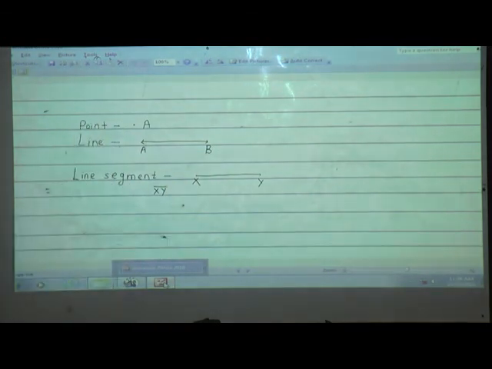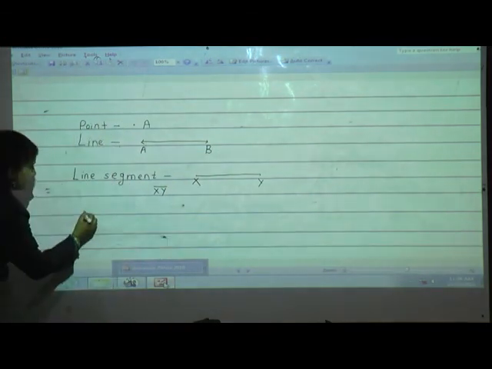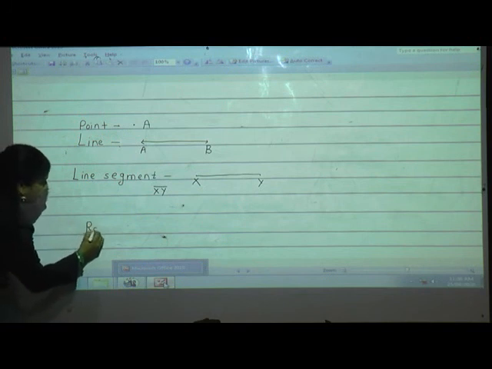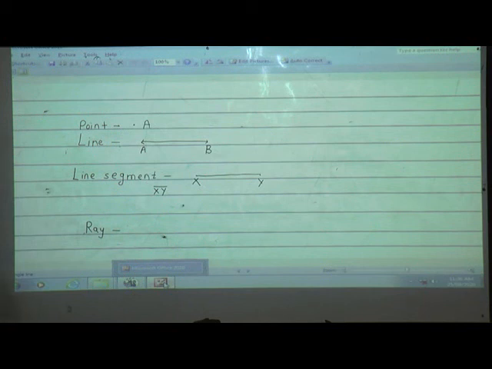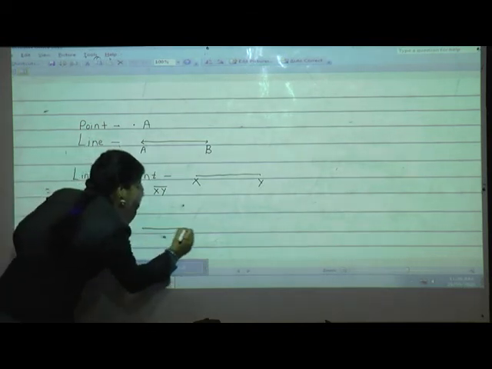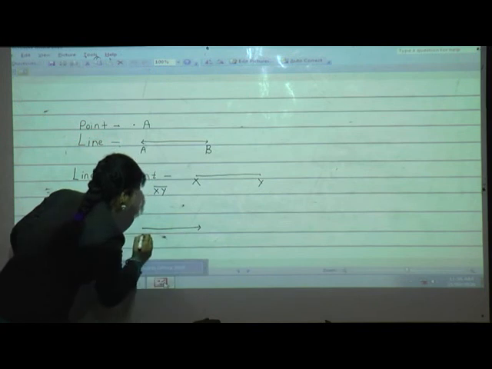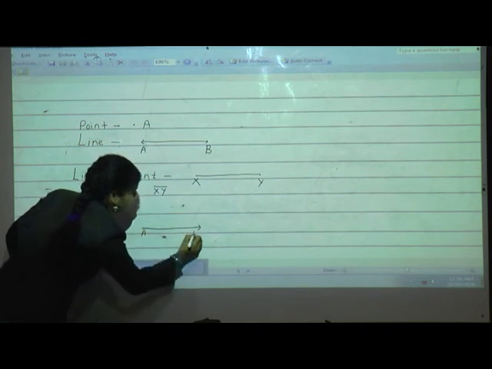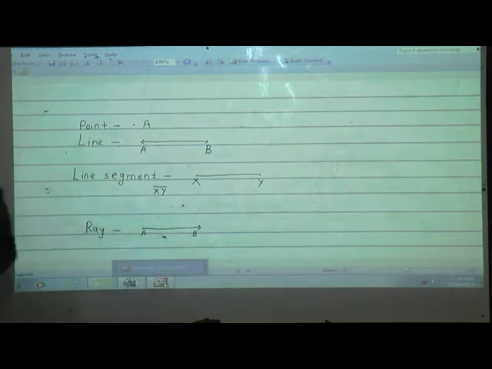The next point is a ray. So students, I am going to draw a ray. See. Ray AB. This is a ray.